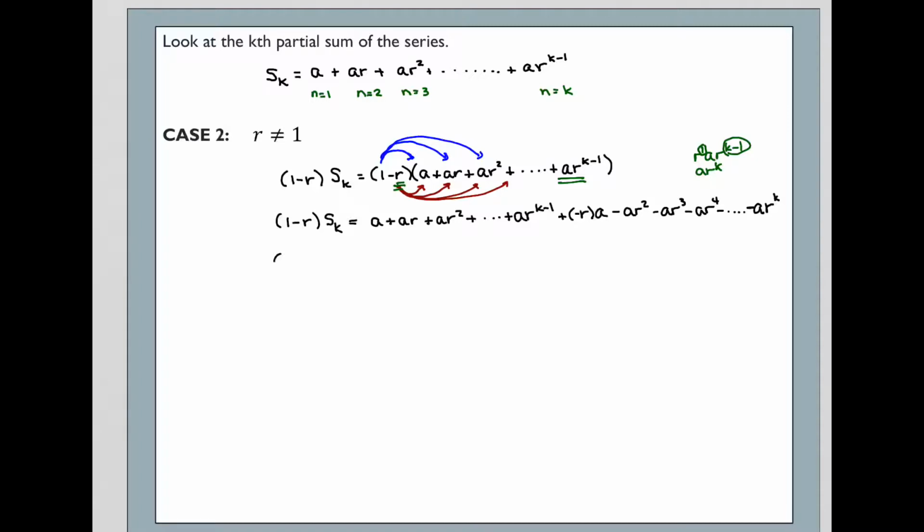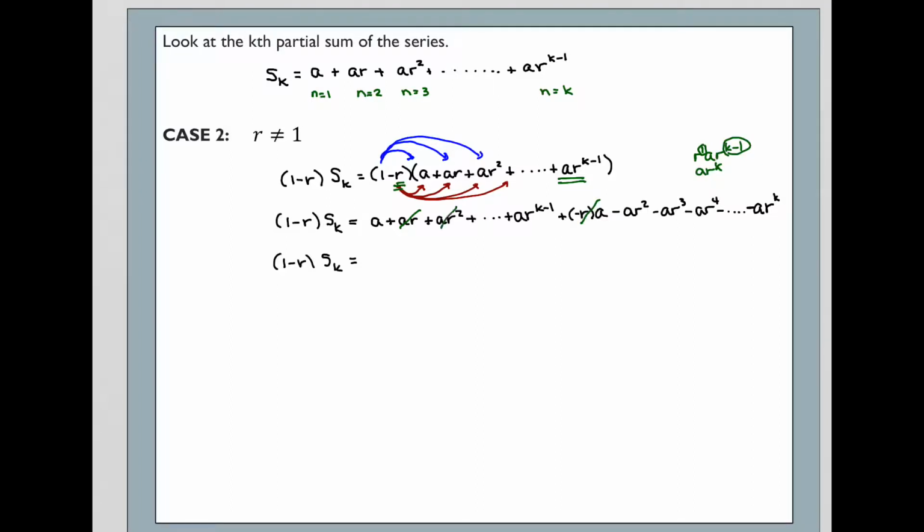That means I have 1 minus R times S sub K using algebra. What do we got going on over here? Kind of like our telescoping series, huh? Lots of things are canceling. And when things cancel, it smushes things up, doesn't it? Brings everything together. The positive AR and the negative AR cancels.